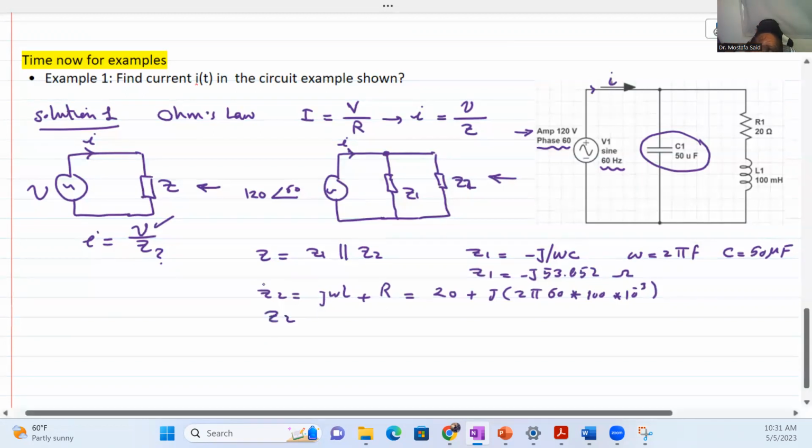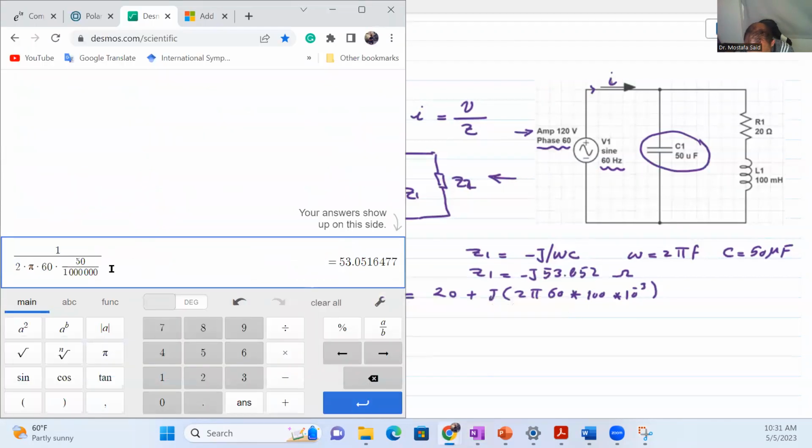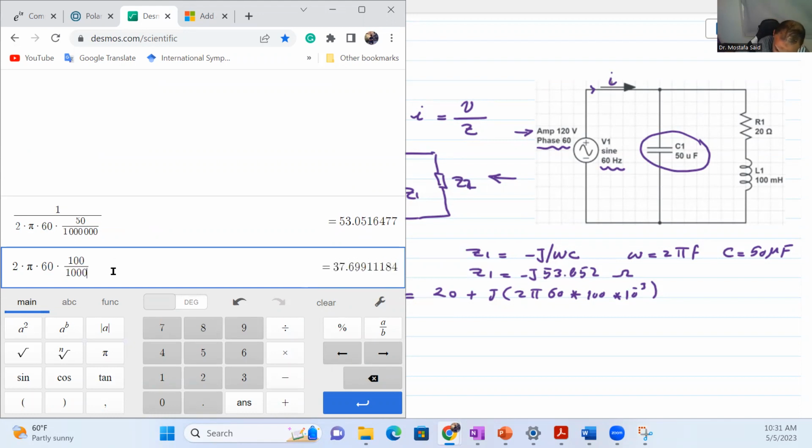So Z2 equals, again, we're going to use our Desmos here. You can take this as a copy and just leave it, don't modify it. If you want to review, just go back and review it. And we're going to multiply by 100 milli, so basically 100 divided by 1000.